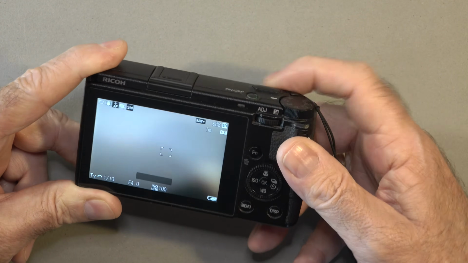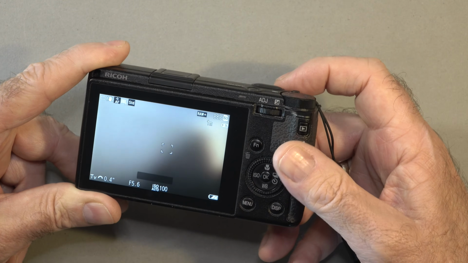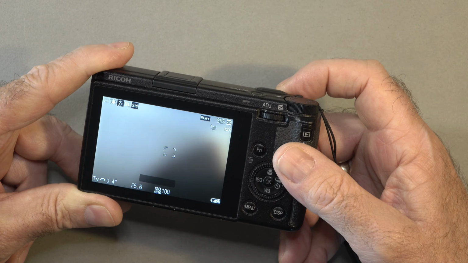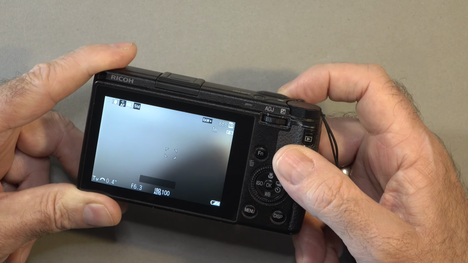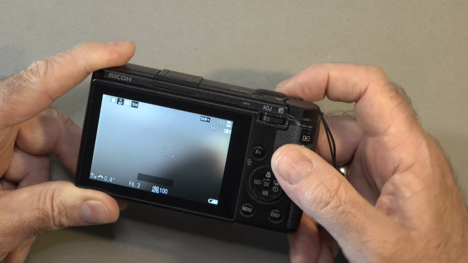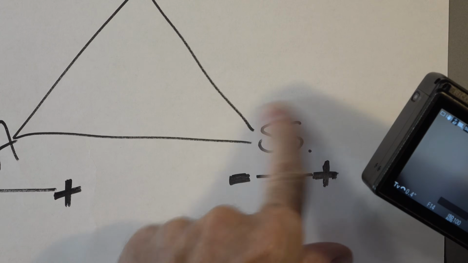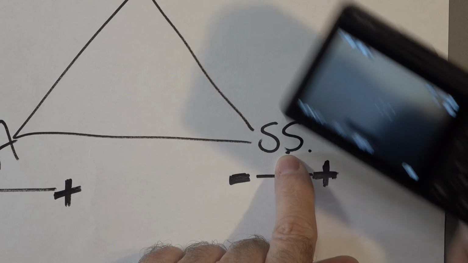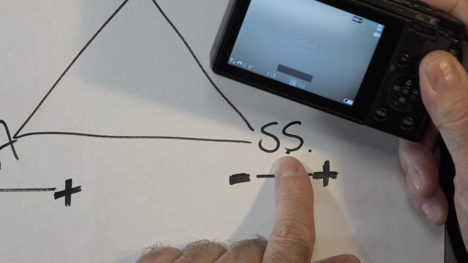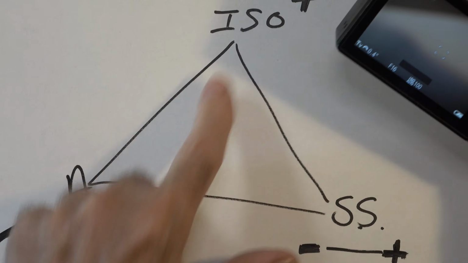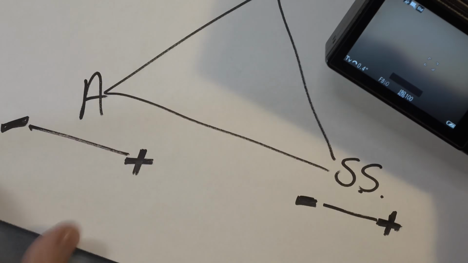In shutter speed priority, I will override any minimum shutter speeds that I was using with aperture priority, and the camera will take care of the rest. In the exposure triangle, we're controlling this part, shutter speed, and the camera will control the ISO and the aperture.